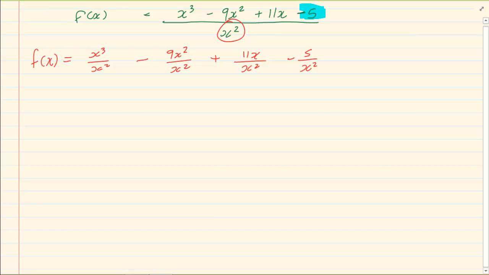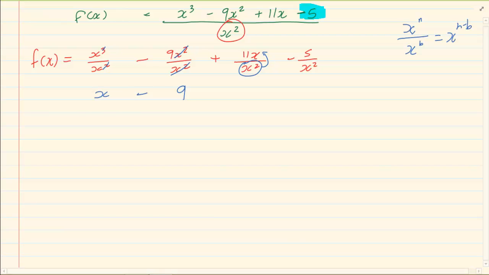What do we do now? Now it's your exponent laws. We know that here I can cancel, so I have x left. Minus this entire x squared can cancel out, I have 9 left. Now if I take this x to the power 2 on top, knowing your exponent laws, if I got x to the power a over x to the power b, I'm going to have x to the power a minus b.